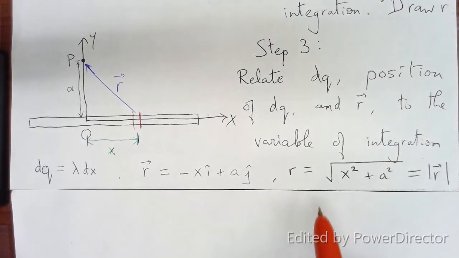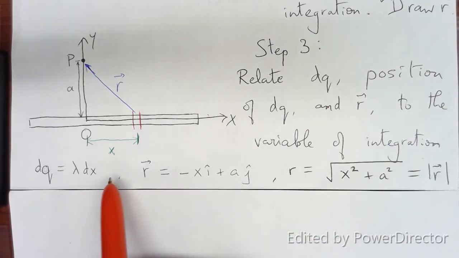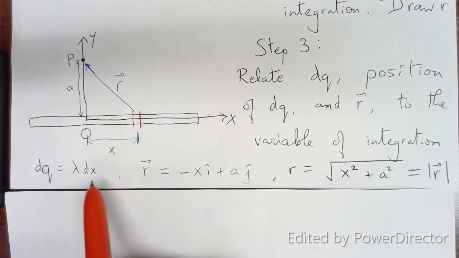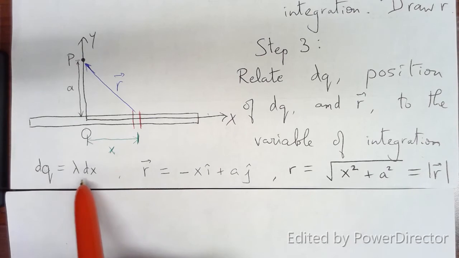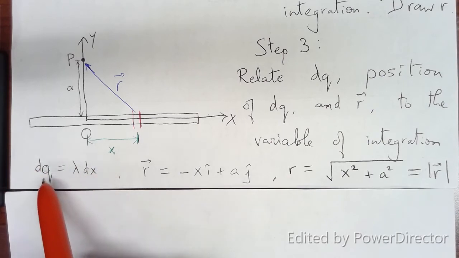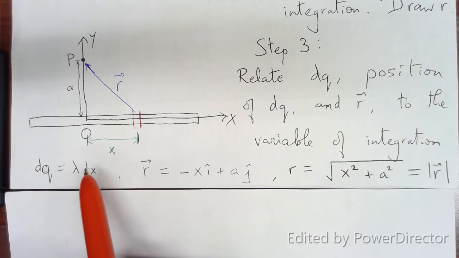So we see that dq is lambda times dx, right? Since this is charge spread along a length, we end up dealing with the linear charge density, lambda, which has units of charge over length. And so we relate dq to dx. So this turns it from a problem of adding up charges to a problem of adding up little lengths, dx.